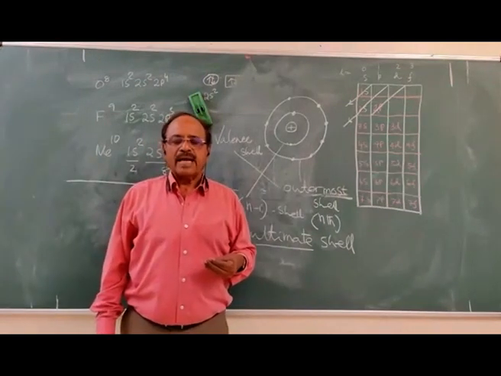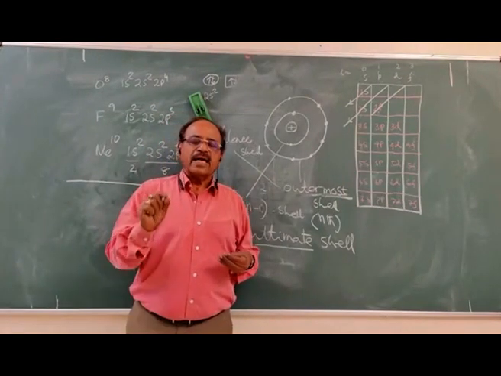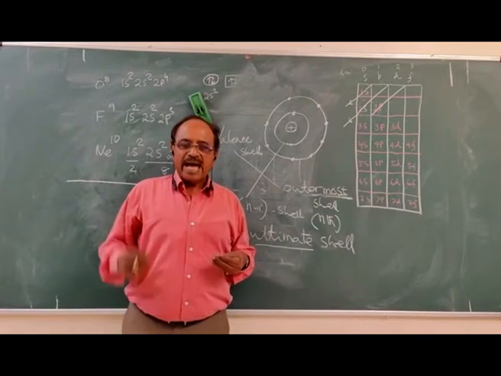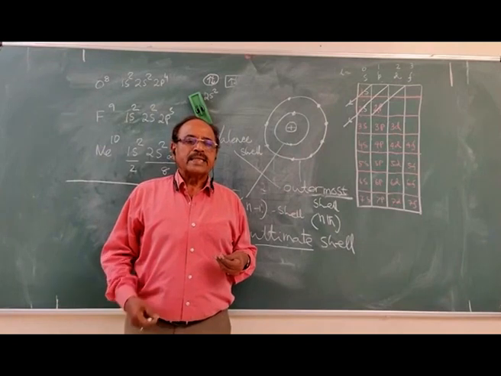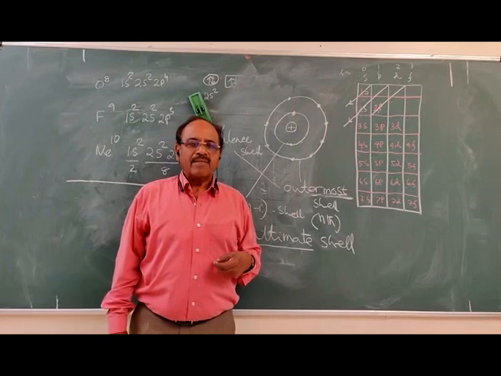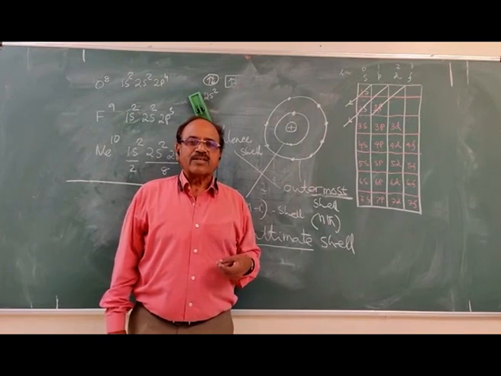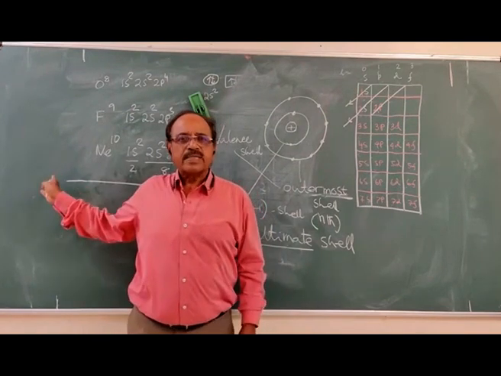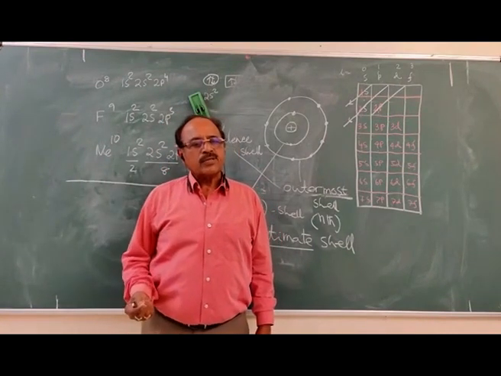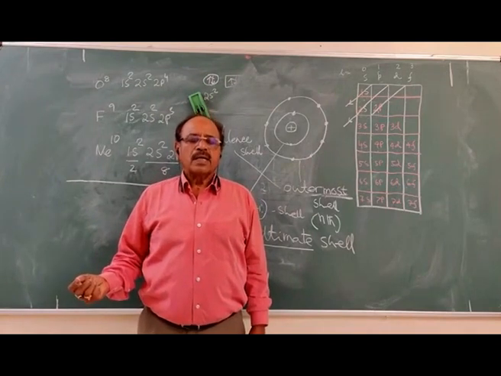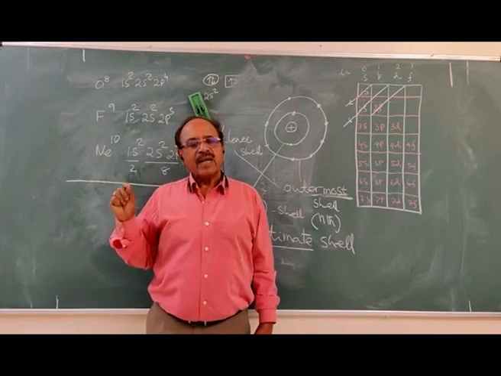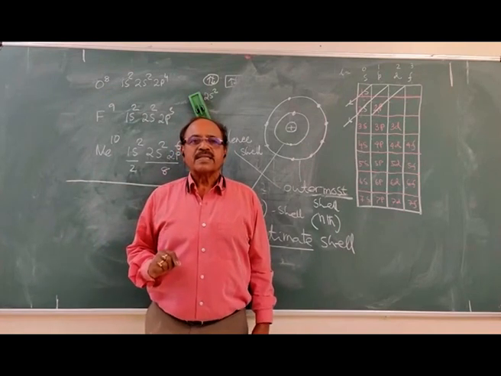Hence, these elements are called electronegative elements, and they have a tendency to exhibit a negative valence state. For s block elements, groups 1A and 2A, they have 1 or 2 electrons after the inert gas configuration, so they will always exhibit a positive valence state.